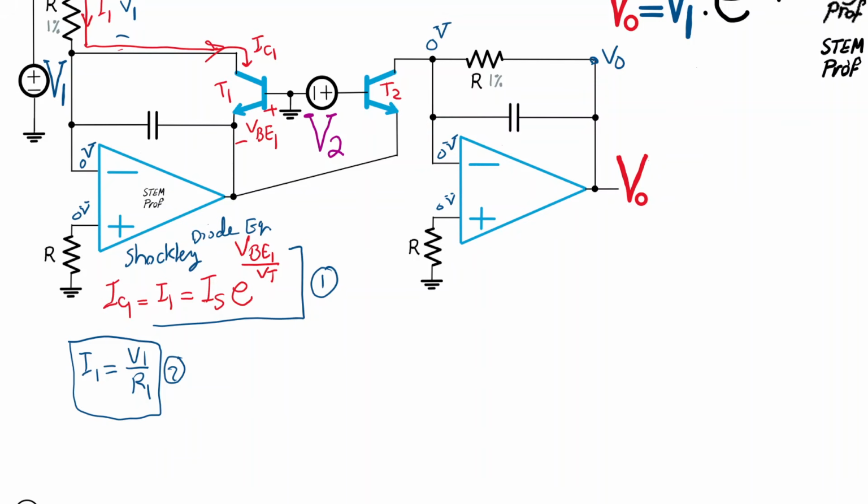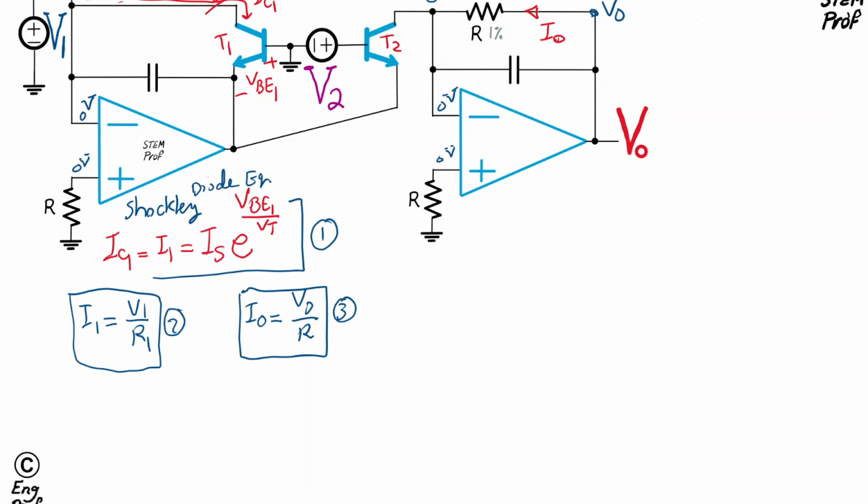So 0 volt is here. So what I'm trying to say is the V out is across R as well, and that will enforce also the output current I out from across this resistor. So I can add a new equation now, equation 3, I out equal to V out over R. So that's equation 3.